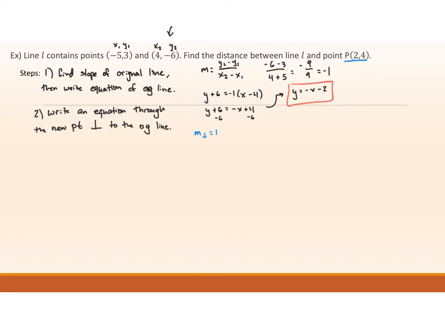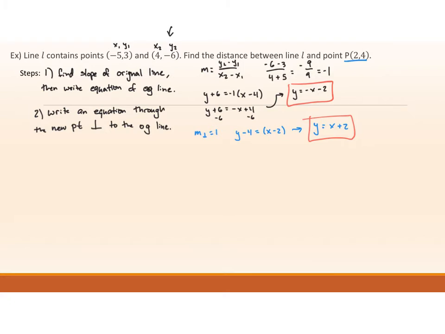I'm going to plug that into point slope form using point P. So y minus 4 is equal to 1 times x minus 2, which means when I move things over, y is going to be equal to x plus 2. And again, I'm going to put a box around this because it will be important.